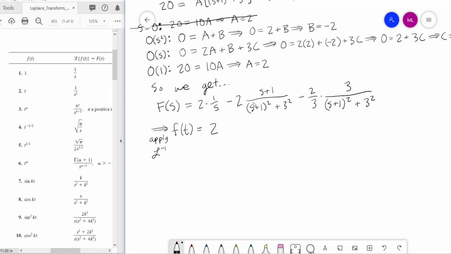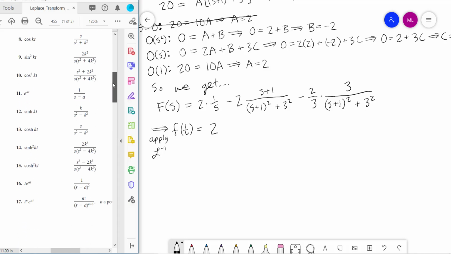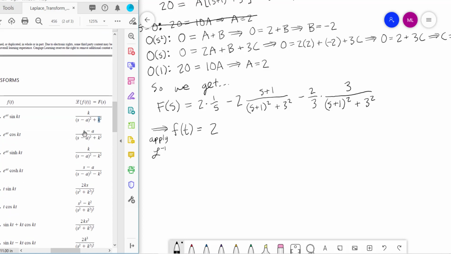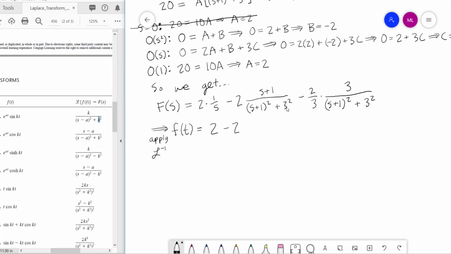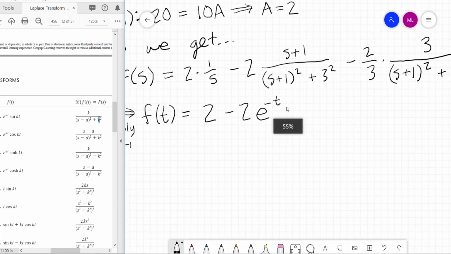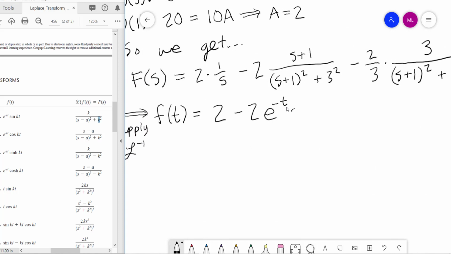This one gives me minus 2 times this form. That inverse transforms to, that's this form right here, the e to the at cosine kt, where for us, our value of a, to match these two up, a needs to be negative 1, and k needs to be 3. So the next one is going to be minus 2 e to the at, where our a is negative 1, so e to the negative t cosine of 3t, right?